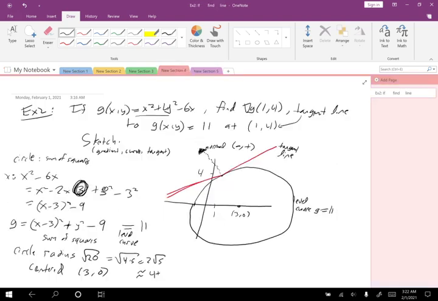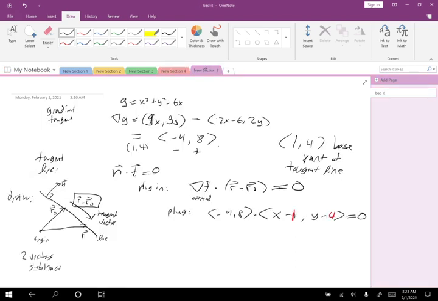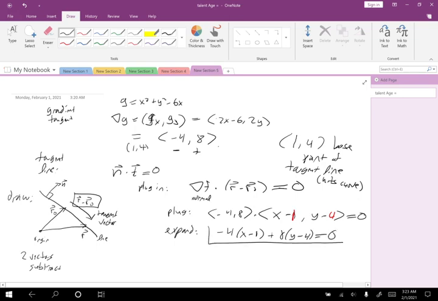If we go back to our diagram, this here is (1, 4). It's where the tangent line hits the curve. So let's expand this. We get negative 4 times (x minus 1) plus 8 times (y minus 4) equals 0. That is our tangent line equation.